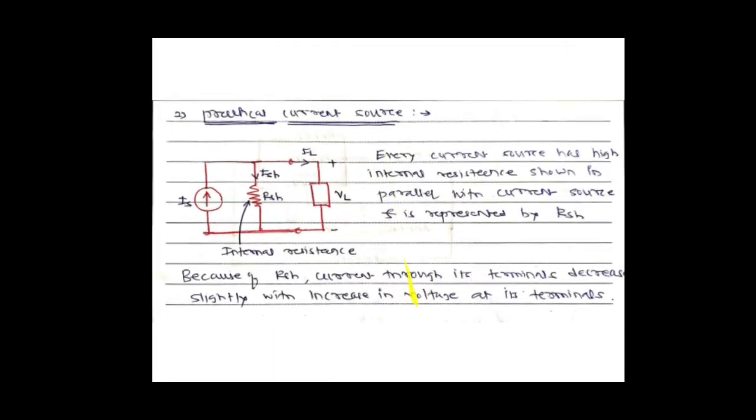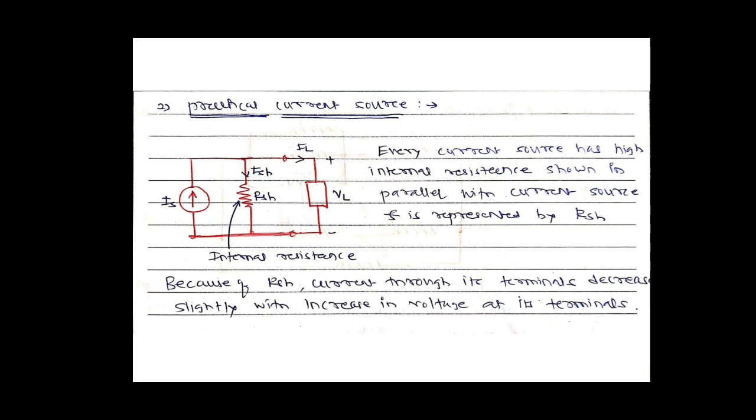Next one is the practical current source. So what is happening in a practical current source? It is the same as a practical voltage source. In a practical voltage source, every voltage source has one resistor connected in series, but in a practical current source, every current source, this is Is, has a high internal resistance which is connected in parallel with the current source.